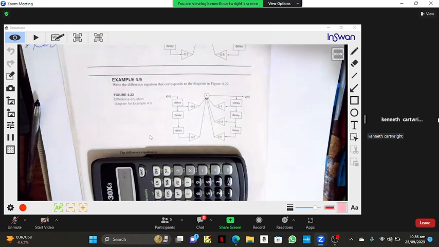Let me see what you write for the equation. We'll write the equation for figure 4.22.